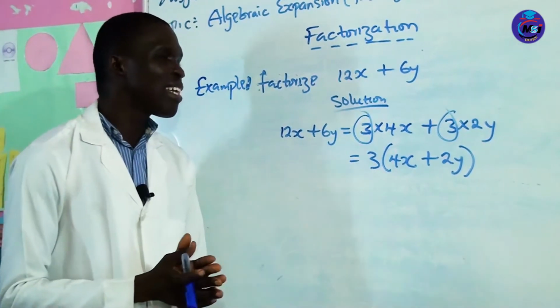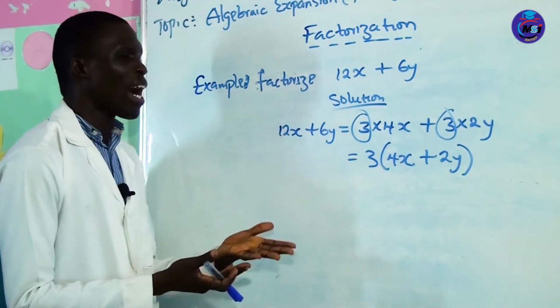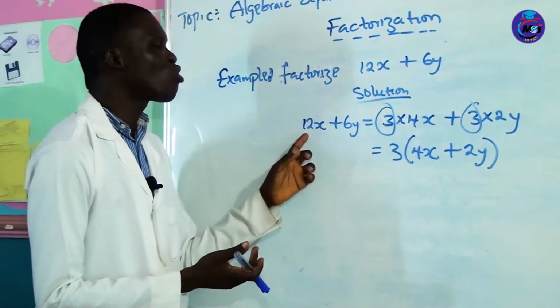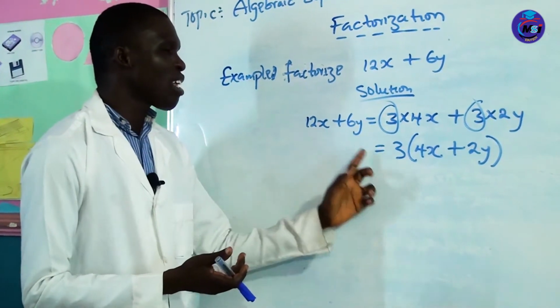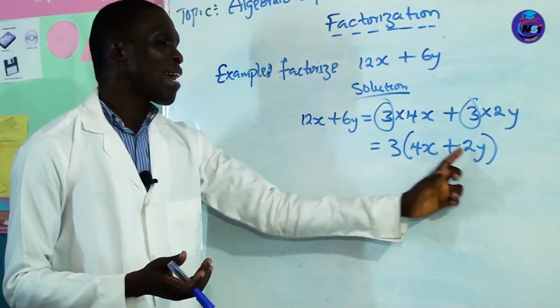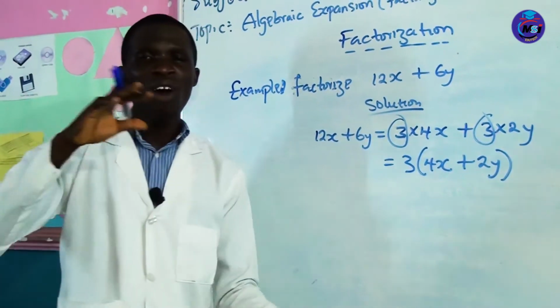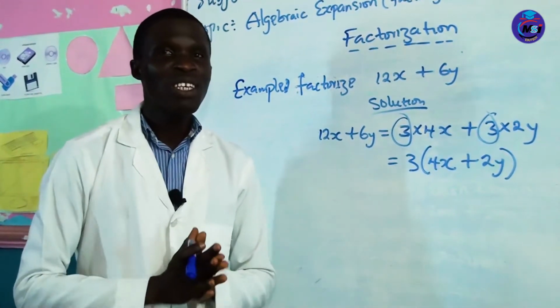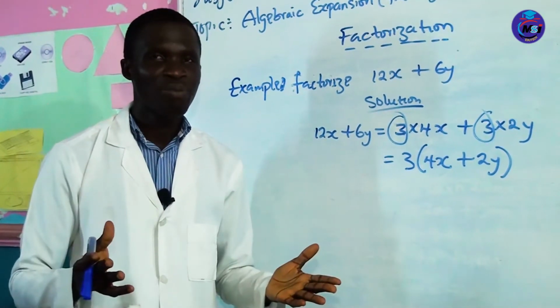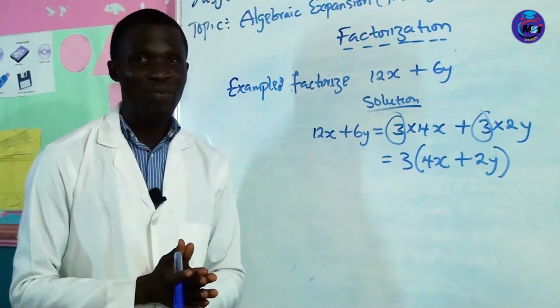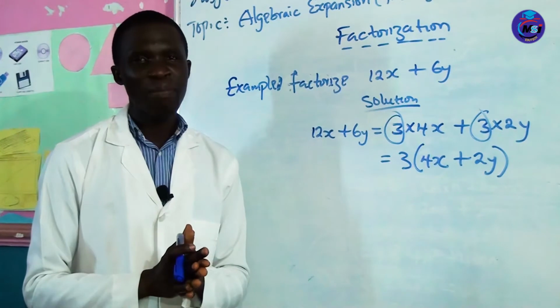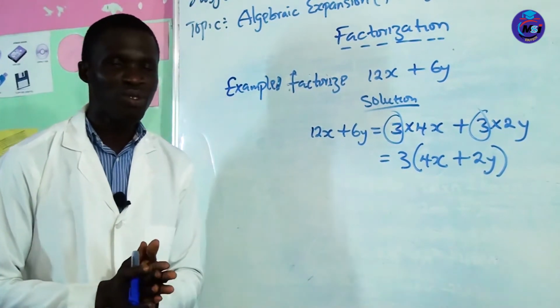I can expand this, it will give me this. How? 3 times 4x will give me 12x, plus 3 times 2y will give me 6y. So factorization is telling us the opposite of what? Of expansion. Now, this is just the simple part of it. Let me give you another example. Okay, let's solve it together.